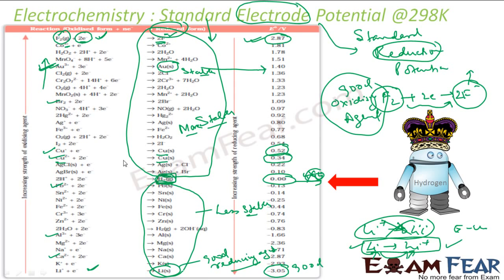So don't think that copper 2 plus or copper 3 plus or copper 2 plus to copper will have the same value, right? They all have different values. See here, copper 2 plus gives copper E is 0.34 volt. Copper plus gives copper E is 0.5. That means this reaction is more favorable than this reaction. Copper 1 plus reaction is more favorable than copper 2 plus reaction, where both are getting reduced to copper, because it has more EMF.